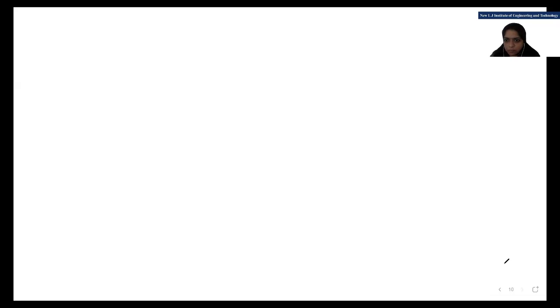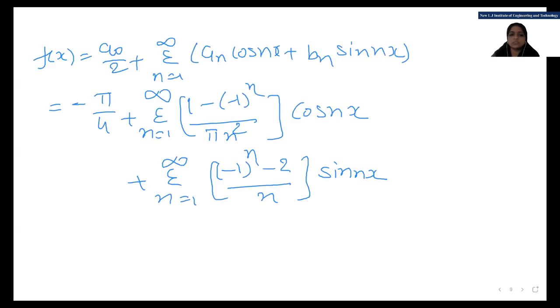Neil Jani asks, can we put the value in cos nx? No, no. See, Neil, when we apply the value of a0, an and bn, then in the final formula, no need to put the value of cos nx. See, the value of cos nx depends on the value of x, so there is no particular value of cos nx.